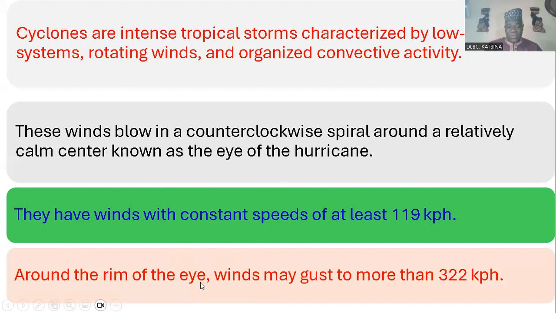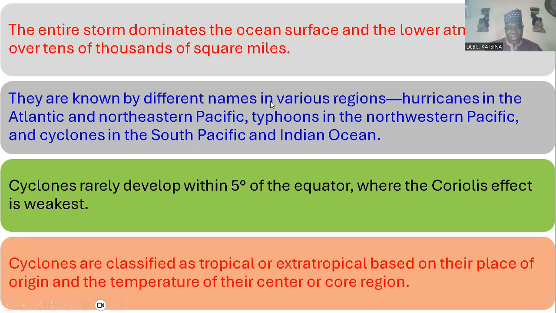They have winds with constant speeds of at least 119 kilometers per hour. And around the rim of the eye, winds may gust to more than 322 kilometers per hour. These are extremely fast winds, and you should know the type of energy they carry and the devastation that comes in their wake.